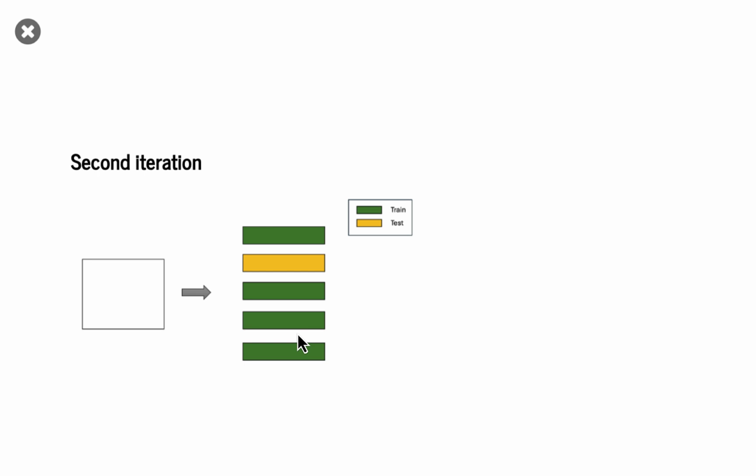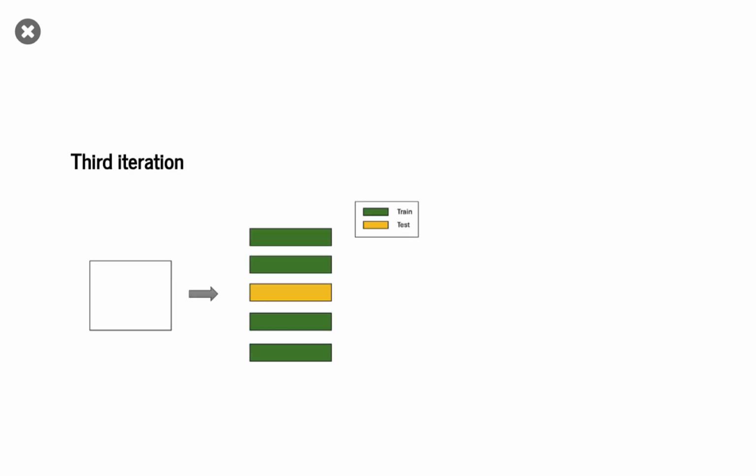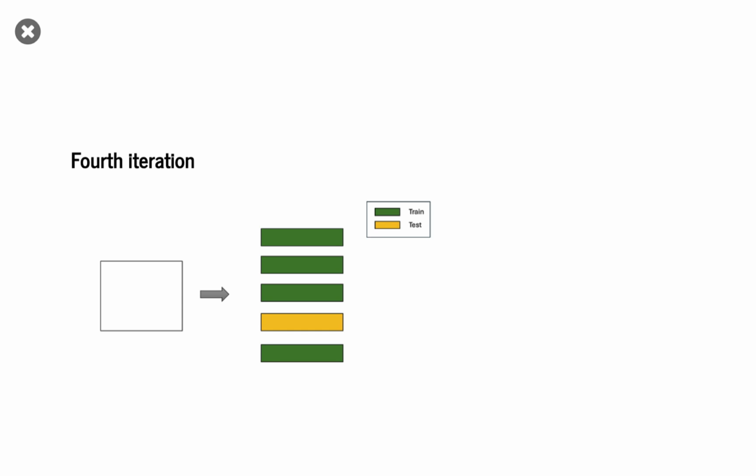So this time, we train on the first, third, fourth, and fifth folds combined together and test on the second fold. Again, the training and testing is exactly the same in this iteration. The difference is that now the second fold is also serving as a testing data set. And then we will have the third iteration where the third fold serves as the testing data set, and then the fourth iteration and fifth iteration.